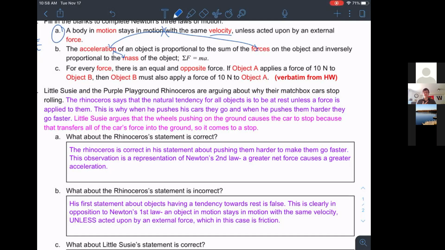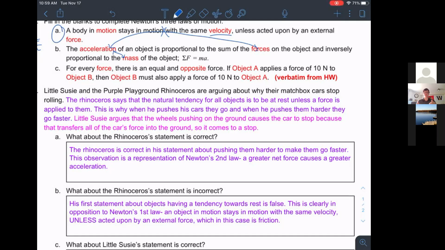So this is incorrect because this opposes Newton's first law, because the object's going to stay in motion with that same velocity unless acted upon by the external force. So it's not all objects are going to be at rest, because when an object is in motion, it wants to stay in motion. So this is incorrect because it says all the objects are always to be at rest, and that is not the case.